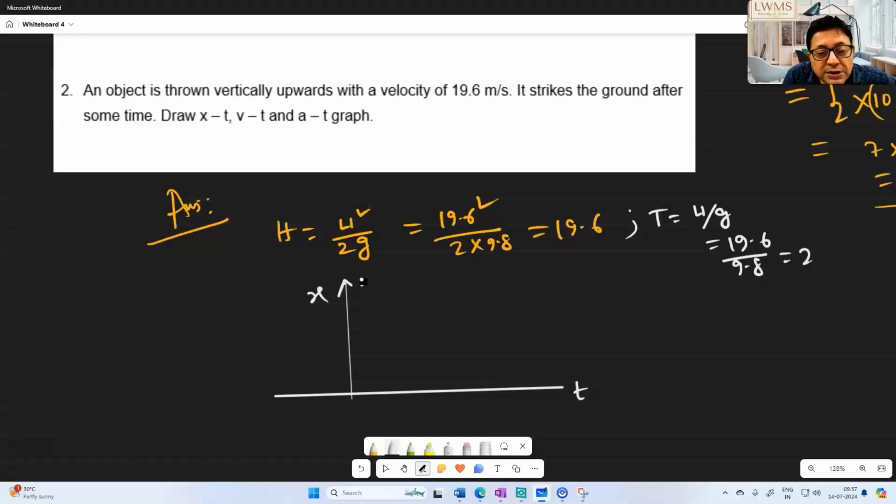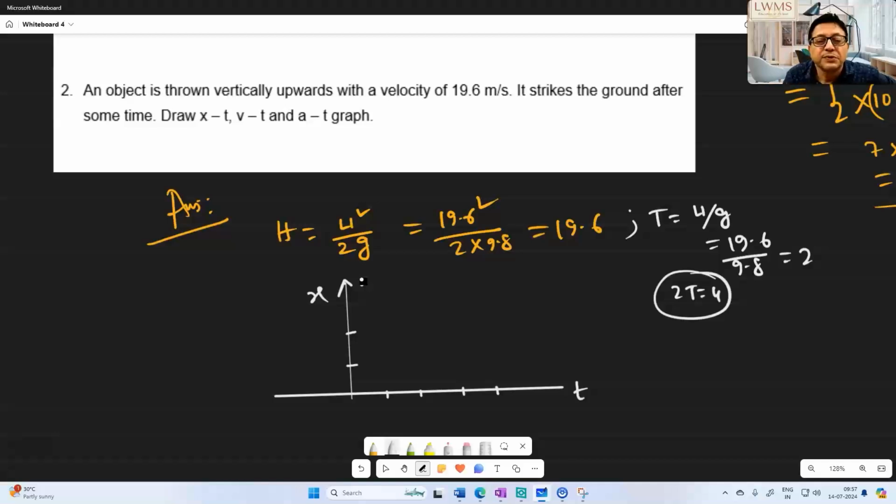So this is say 1 second, this is 2 seconds. Sorry, extremely sorry. That 2 seconds, it will go up. This is 1, this is 2, 3 and 4. Total time of flight is 2t. 2t equal to 4 actually. This is just time to ascend, time to descend.